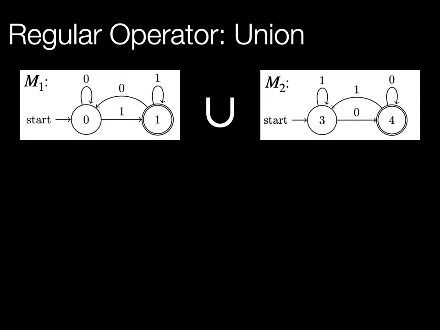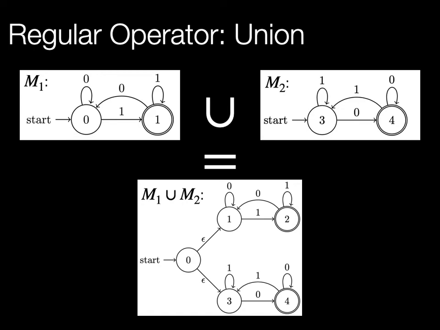But this is exactly what epsilon transitions give us. We simply add a new start state that is connected via epsilon transitions to the start states of the original two DFAs. Then every input word will be shipped off to both DFAs, and if one of these accepts, then we accept. Otherwise, if both reject, we reject. This now gives us the intuition we need to define the union formally.